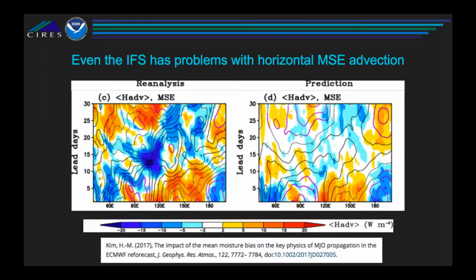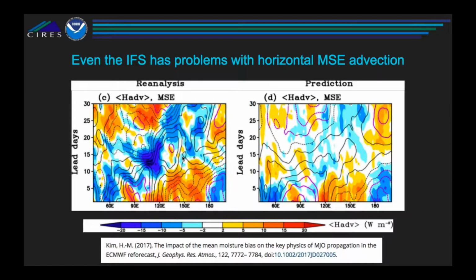The left panel is showing a comparison of the good versus poor models in terms of their ability to capture the eastward propagation of the MJO in terms of precipitation. And you can clearly see that this partitioning is distinguishing two types of model behavior. And then the right panel is showing how these models differ in terms of their treatment of the horizontal advection, or the tendency of MSE.